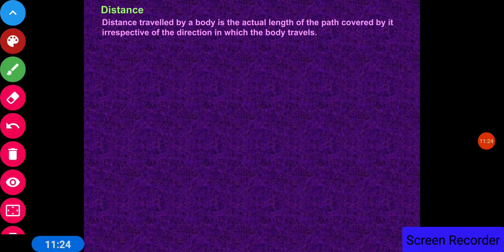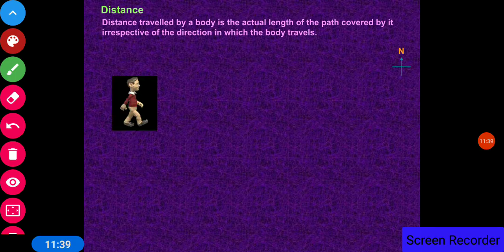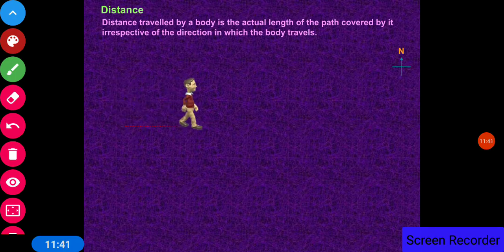Now distance. Distance means the distance traveled by a body is the actual length of the path covered by it, irrespective of the direction in which the body travels. Now this is a boy. He is moving towards east by a distance of 5 kilometers.